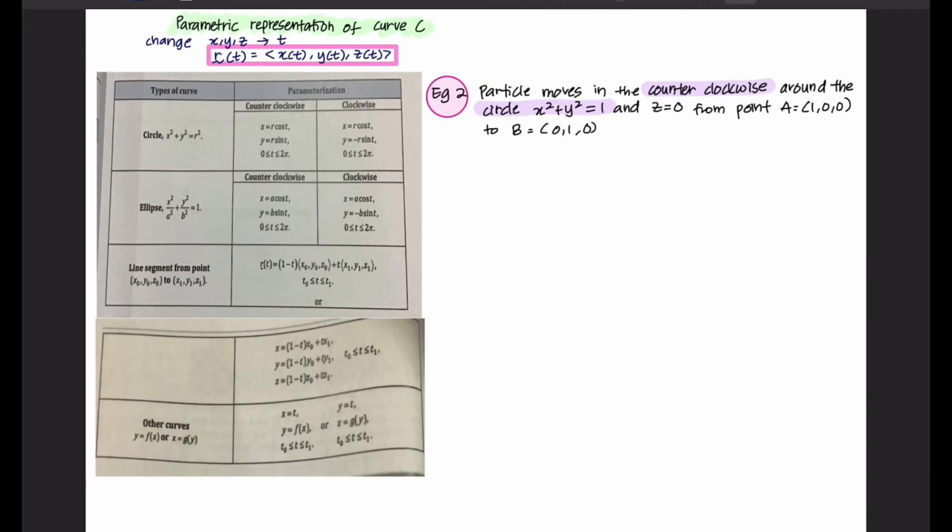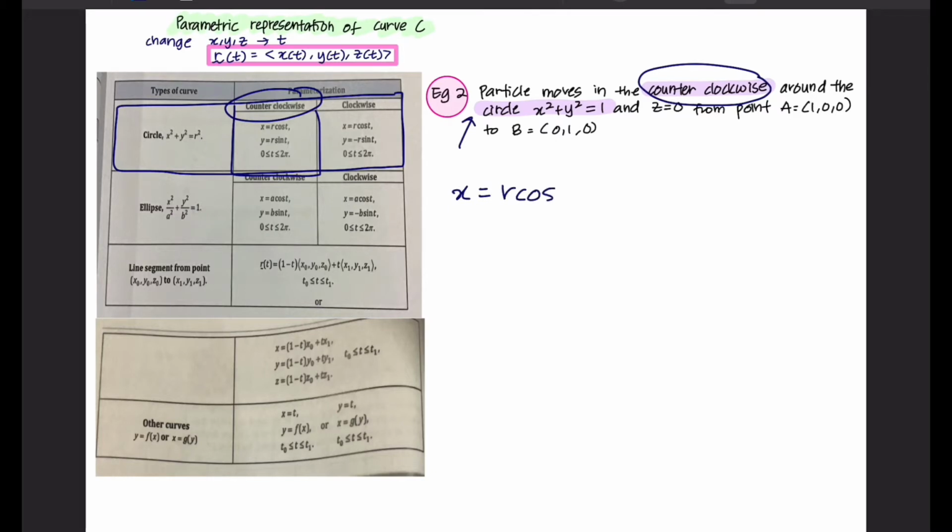Look at example 2. A particle moves counterclockwise around the circle. So the curve C for this question is a circle, so you can refer to the first row, and in the direction of counterclockwise, you can refer to this formula: x equals R cos t, y equals R sin t, and t is from 0 to 2 pi.